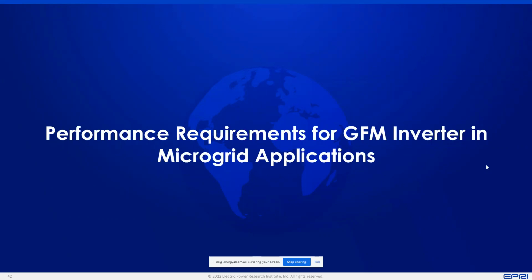And this is not only for microgrid applications, but also for transmission connected and distribution connected, based on performance rather than specific control. But such a definition is lacking in today's world. That's what we are trying to do, to come up with some performance requirements. And because my area is in the microgrid, in the distribution, we focus on microgrid first.